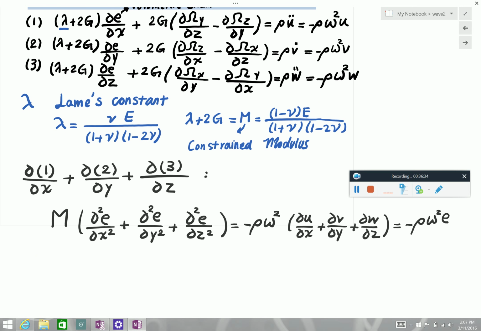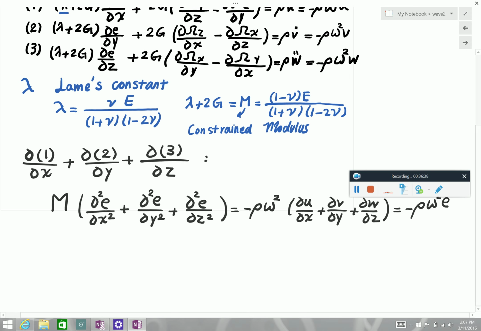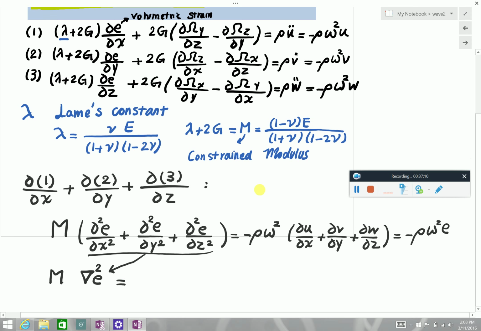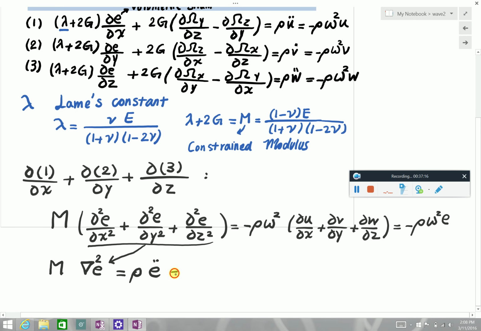So basically, if we use a more compact notation, we see that m del squared e, which is a compact form to write these three second derivative terms together, is equal to, let's say, rho e double dot, which we wrote like that.